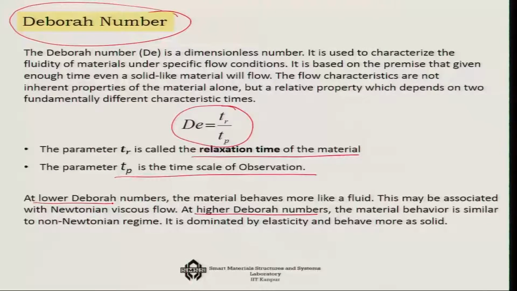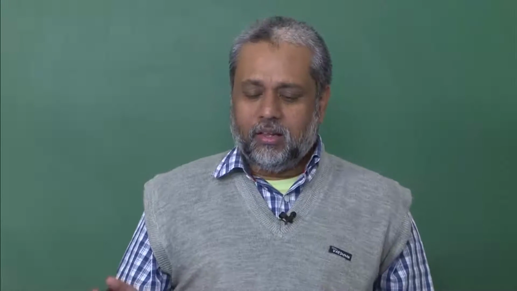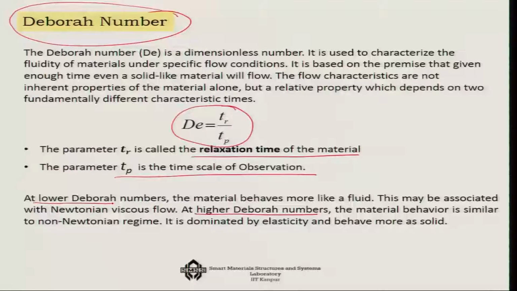A low Deborah number may signify that for the same relaxation time your time of observation is quite high. Let us say instead of measuring in terms of seconds, you are measuring in terms of months or years or thousands of years, so then you will see the flow like behavior. So, this is another interpretation of the Deborah number.